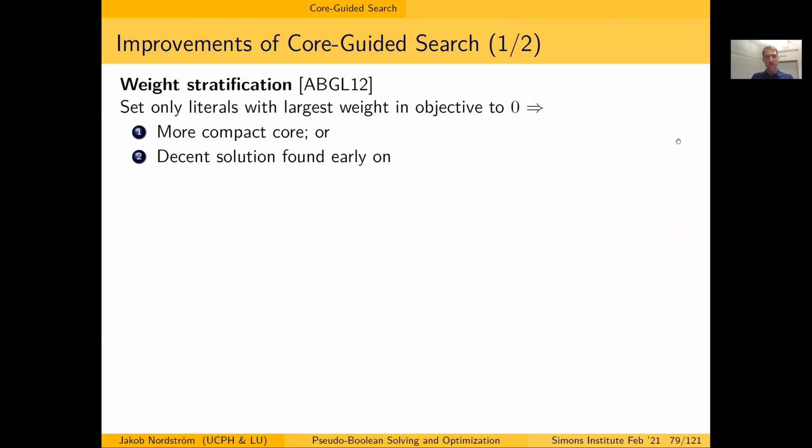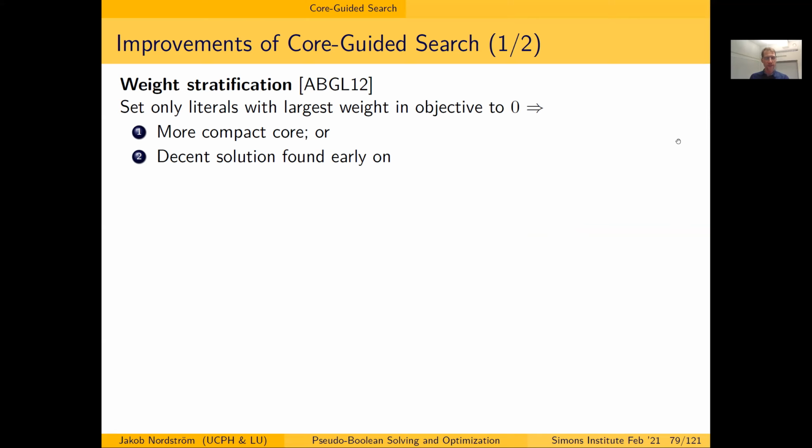The first one is stratification, or weight stratification. You look at the objective function, and maybe some literals have very heavy coefficients and other ones have not so heavy coefficients. Some coefficients are large, others are small. If there's a large difference in coefficient weights, then do the assumption only assuming literals with large weight coefficients to false, but don't assume anything about the others.